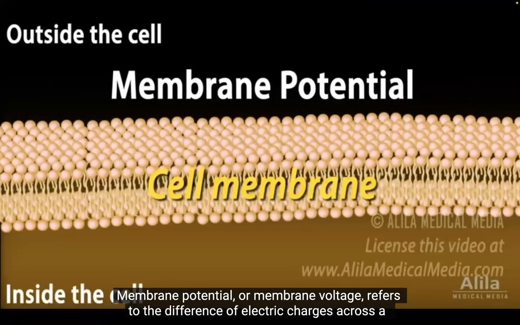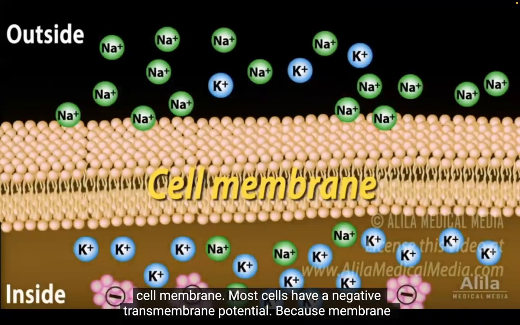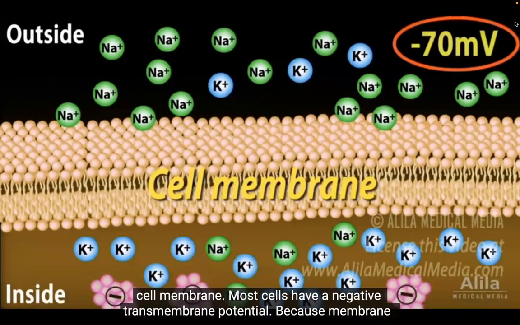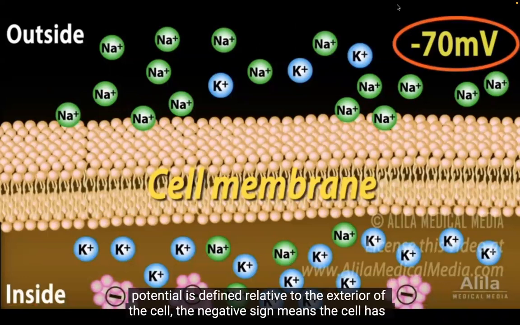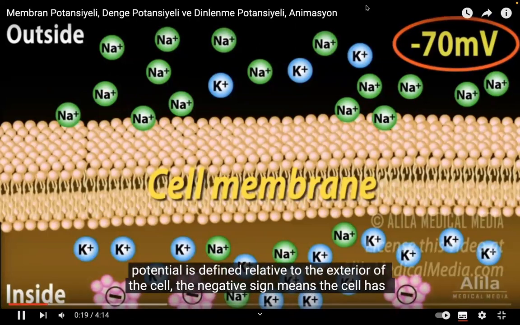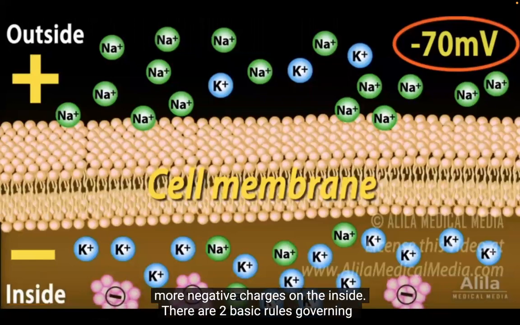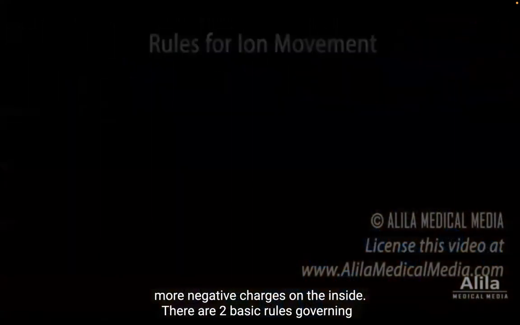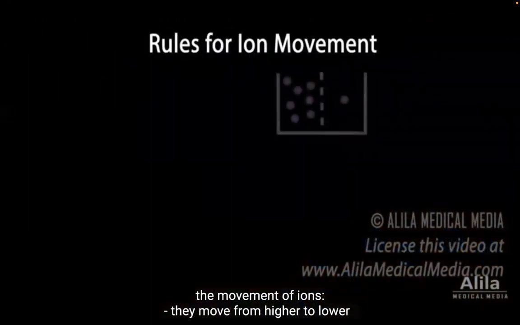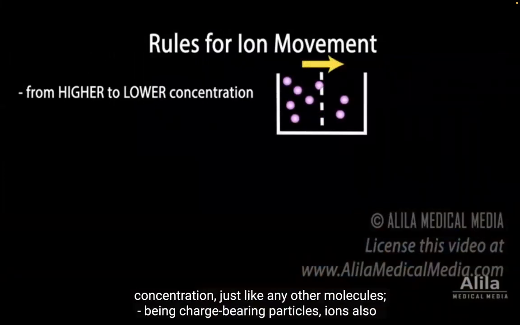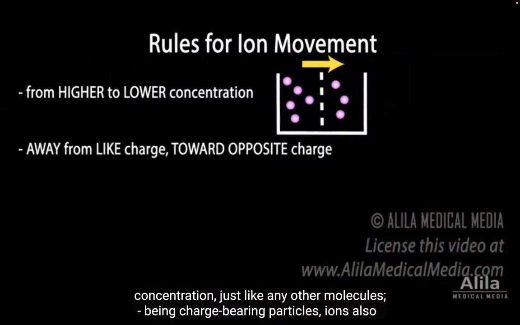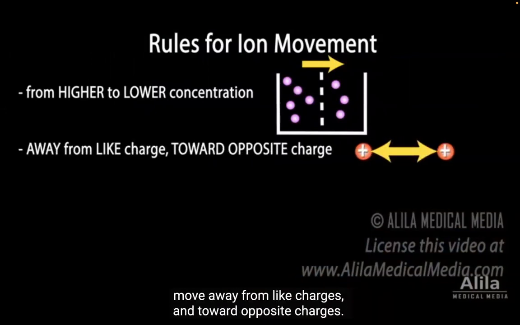Membrane potential or membrane voltage refers to the difference of electric charges across a cell membrane. Most cells have a negative transmembrane potential. Because membrane potential is defined relative to the exterior of the cell, the negative sign means the cell has more negative charges on the inside. There are two basic rules governing the movement of ions. They move from higher to lower concentration, just like any other molecules. Being charge-bearing particles, ions also move away from like charges and toward opposite charges.